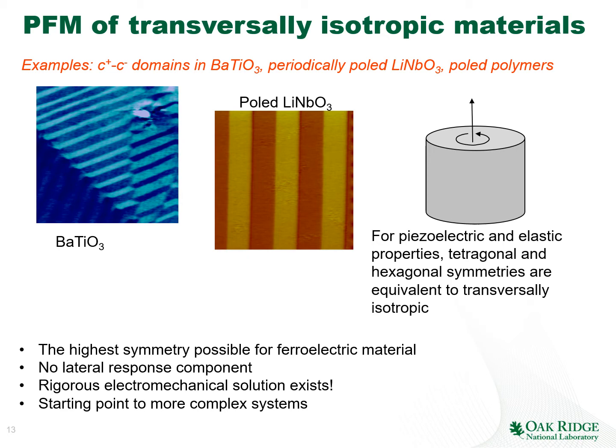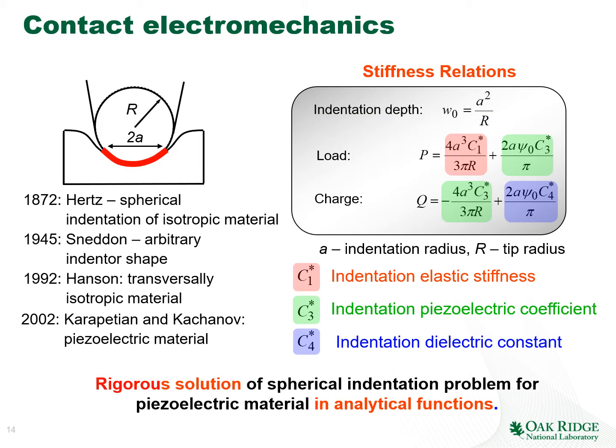Examples of transversely isotropic materials are barium titanate, poled polymers, or poled lithium niobate. So in this material we don't have any lateral response, we have only a vertical PFM signal. So this solution would be limited. However, it would also be a good starting point for more complex systems. So having the exact solution, we can learn how to derive approximate solutions.